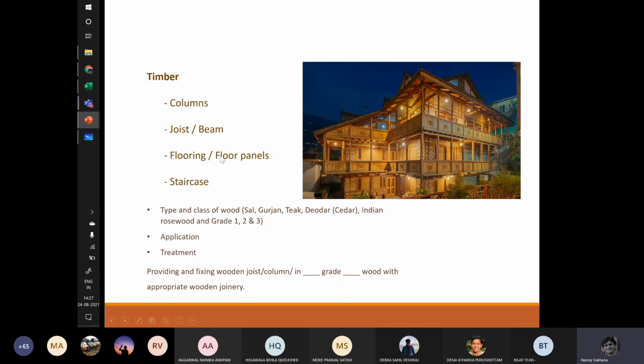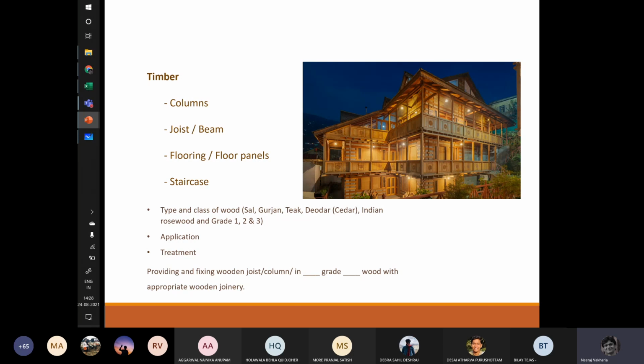Now, when we are talking about timber, you have to keep in mind that we calculate it in volume. I haven't written it, I forgot to write it. Whenever you go to the market to purchase wooden frames or wooden rafters or something, they will give you price based on volume.